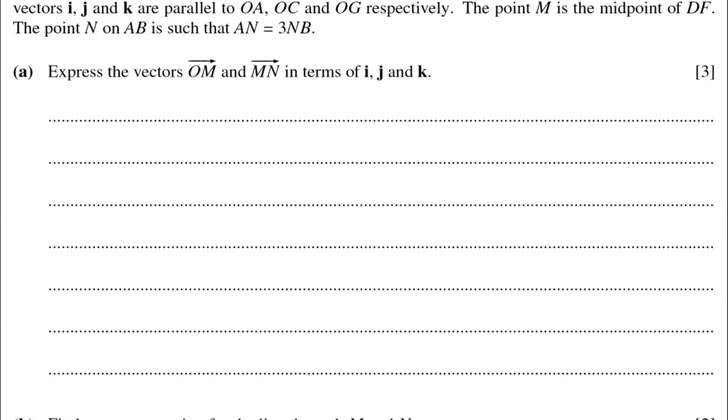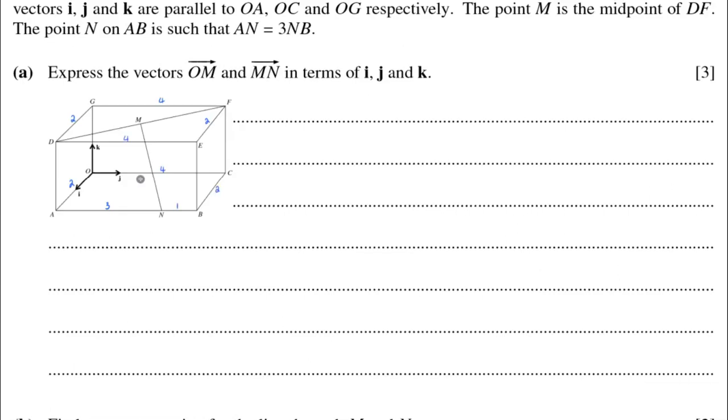Okay, to make our life easier, let's get a copy of the picture. So to find the vector OM, we can use any combination of vectors that we know that starts at O and gets to M. So what I would do, I would go from O to A, which is 2i, and then from A to D, which is, oh, we haven't put that one on, and then go from D to M. Okay, we were told OG is 2 units, and so of course DA is also 2 units.